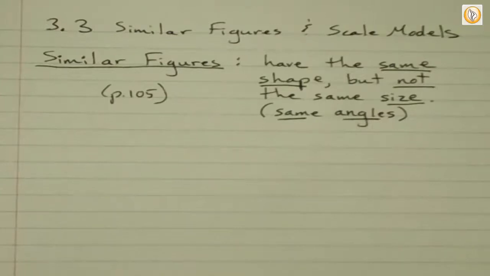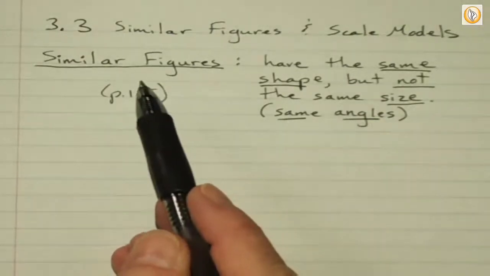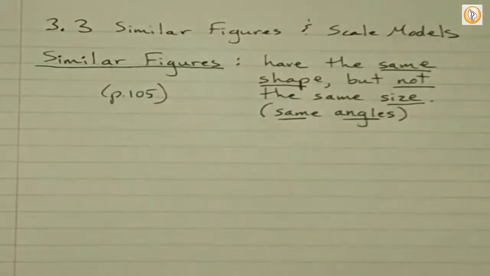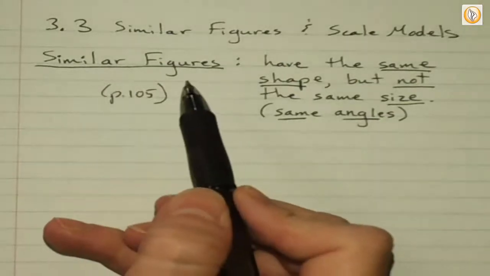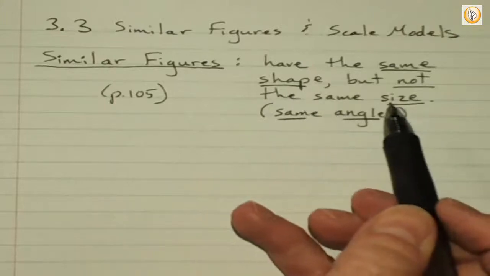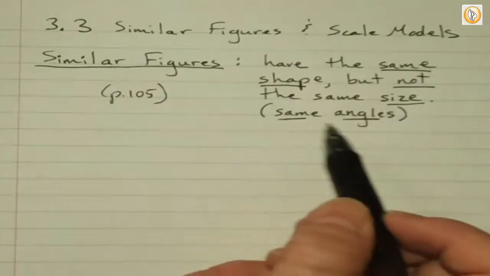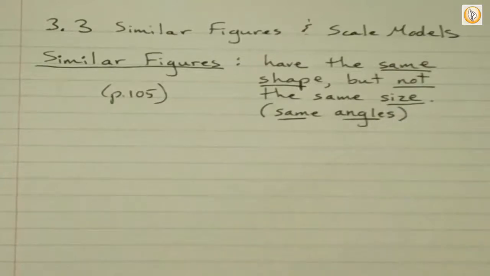You can take a protractor and check all the angles of actual similar figures, and you will see that the angles do not change. So they could be a big and small shaped object, but if they're true similar figures, they will have the same shape, not the same size, like the line segment portion, the edges, but they will have the same angles.